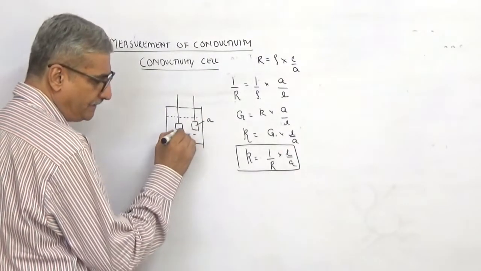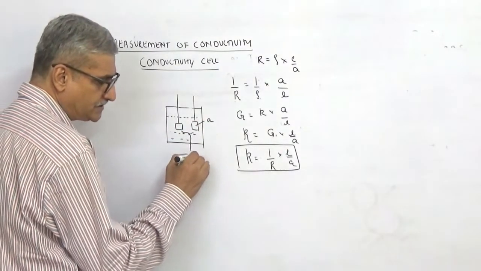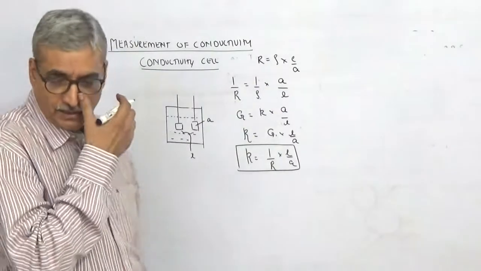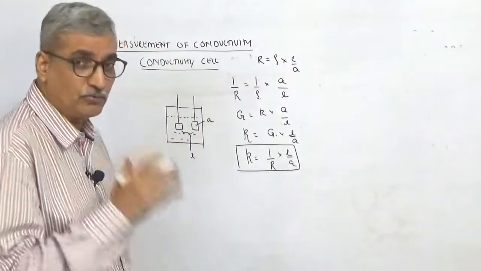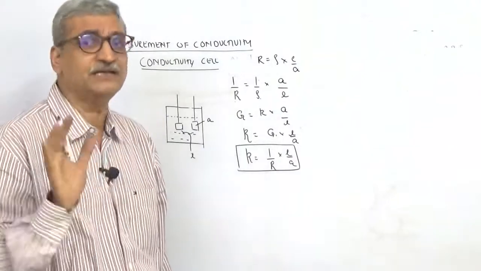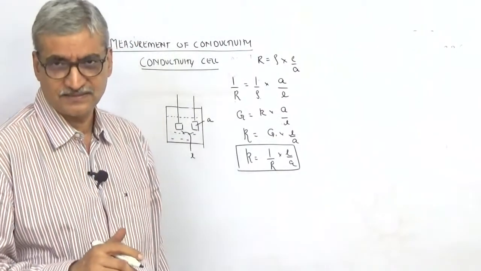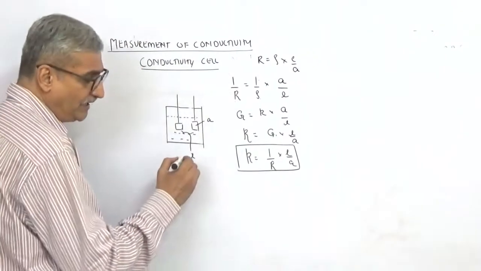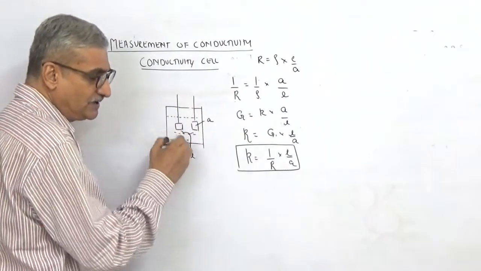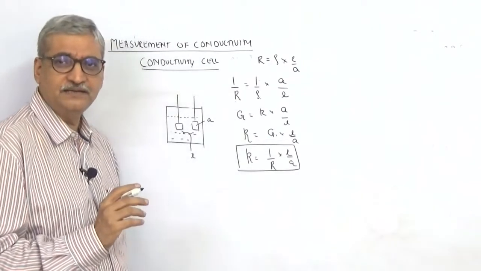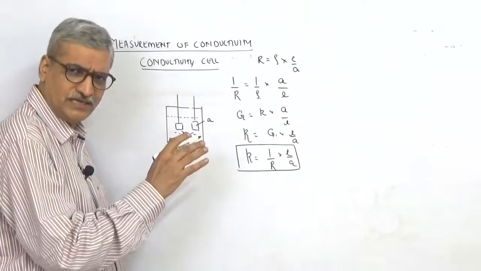This is your A and this is L. Now how do we find out this? We are not measuring conductivity or conductance; we are actually measuring the resistance. And this value of L by A for this conducting cell is a constant, because we measure it once and keep it steady.